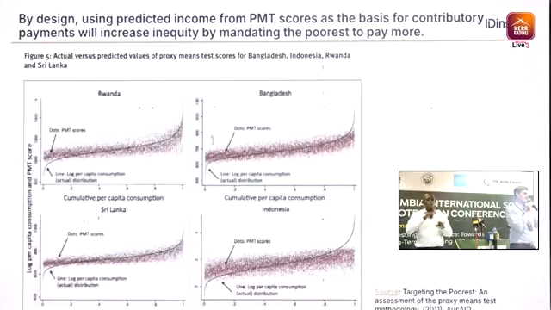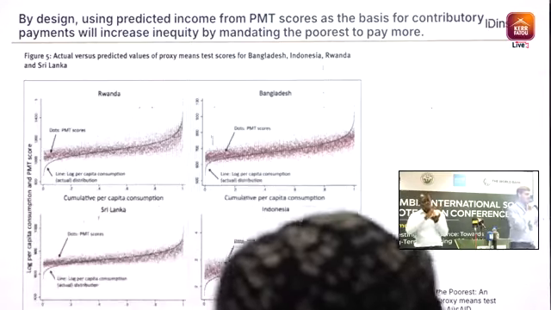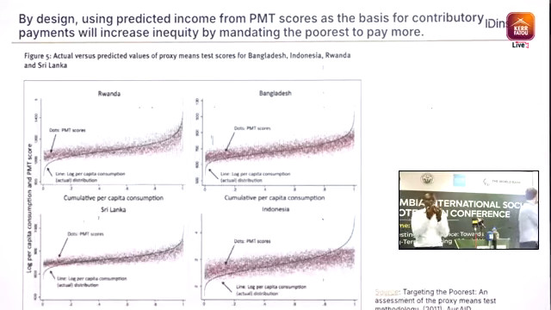There's always more demand for social programs than there is supply. We had a conversation about expanding to 30,000 households, but probably 150,000 households would be eligible to receive. So in a sense, this is a rationing exercise.